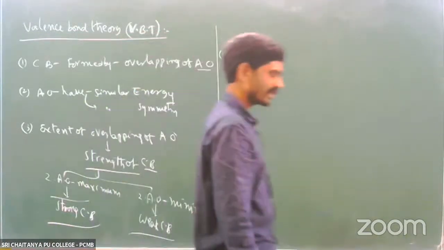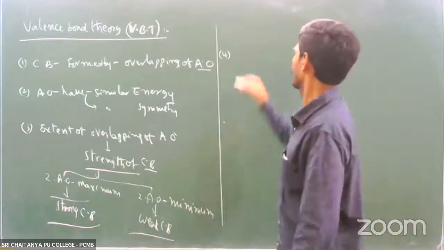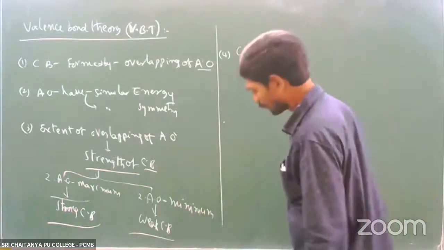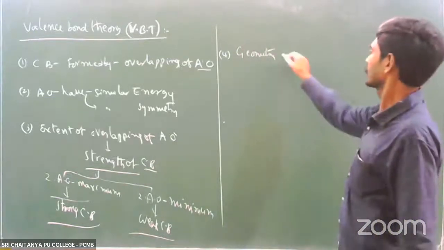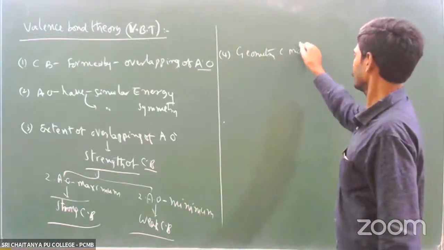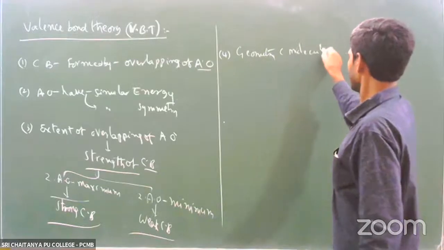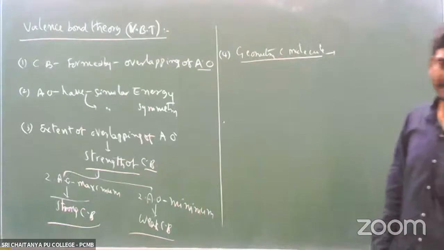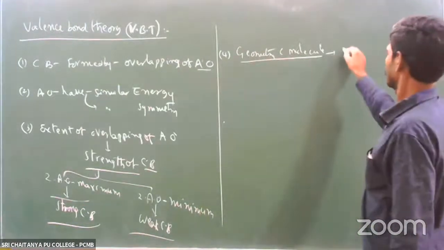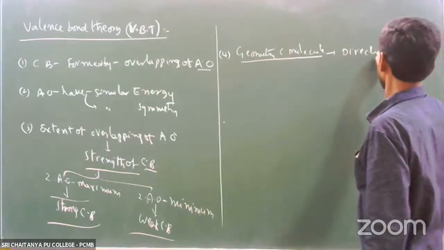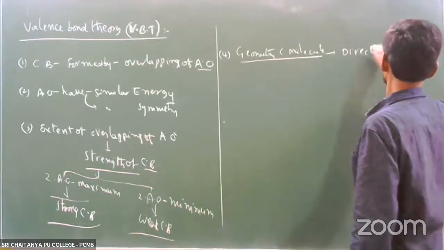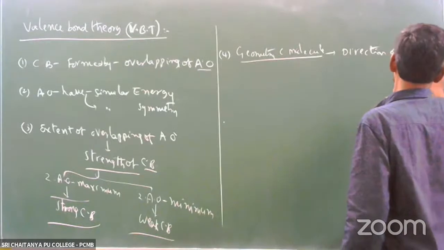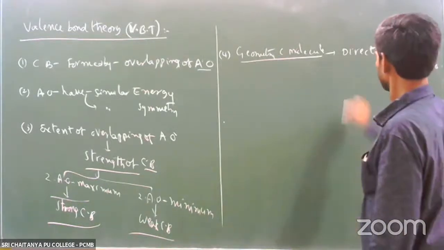Next. The geometry of the covalent molecule is decided by the direction of overlapping of atomic orbitals.